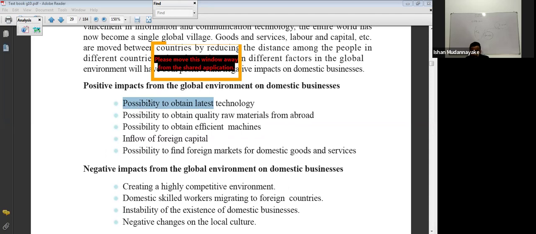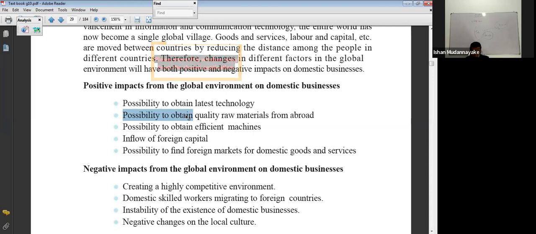Second one. Possibility to obtain quality raw materials from abroad.